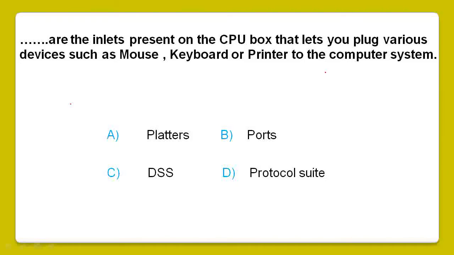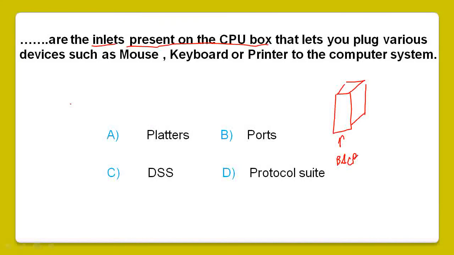Okay, so this is a question which we all must know. It says that the inlets present on a CPU box let you plug various devices such as a mouse. If you have noticed, suppose this is a CPU, just a cuboid to represent the CPU, and suppose this is the back side.